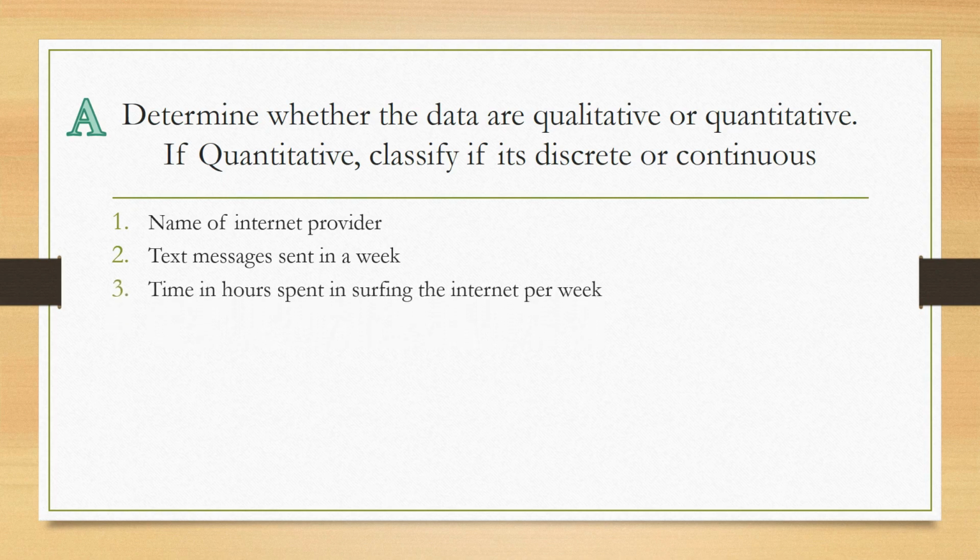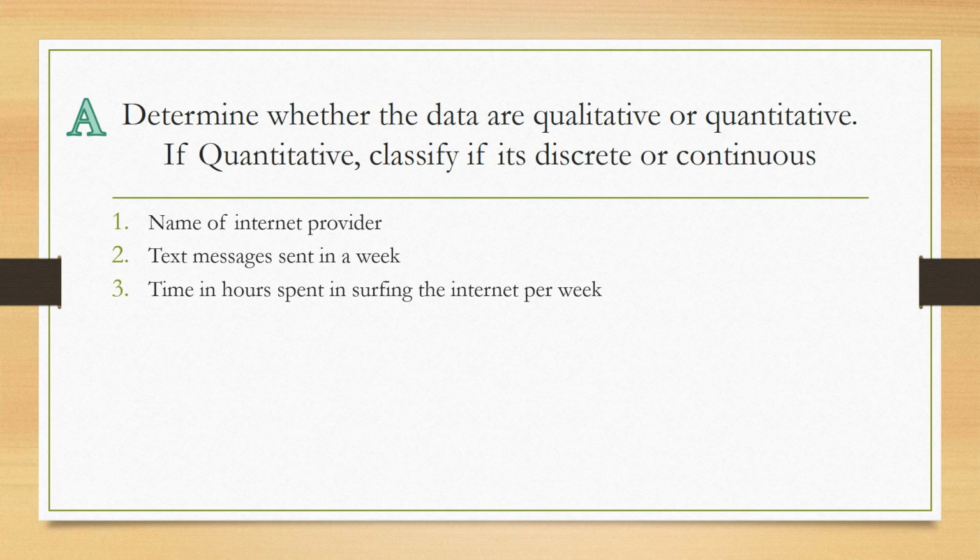Number 3, time in hours spent in surfing the internet per week. Time in hours. This is number. Therefore, this is quantitative. So it says here, internet surfing per week. So we are going to get the average. So if we are going to get the average, most likely we are going to get some decimals.